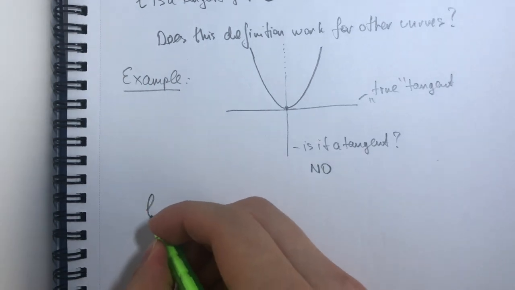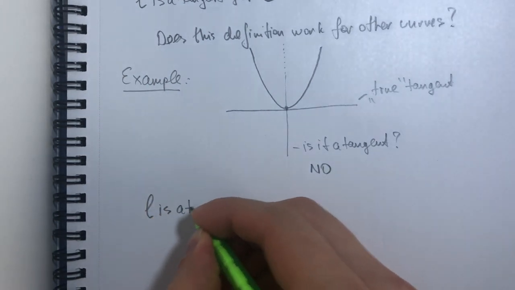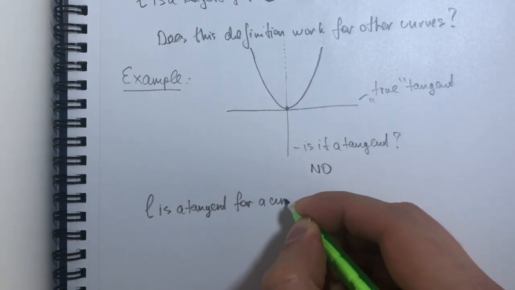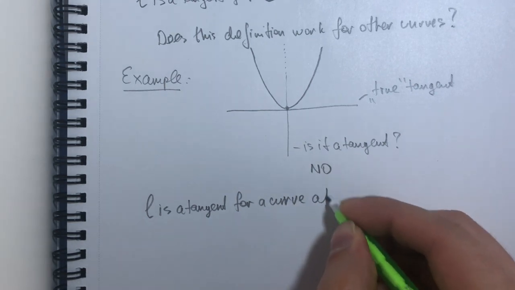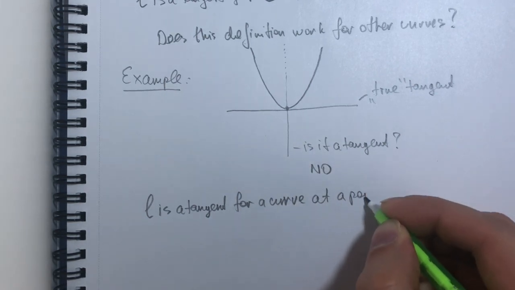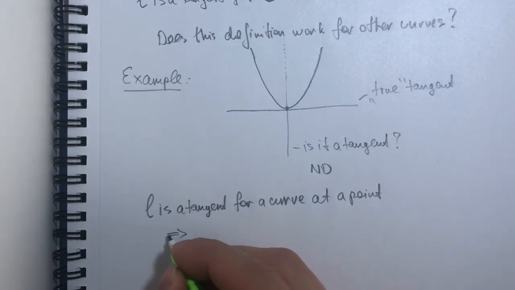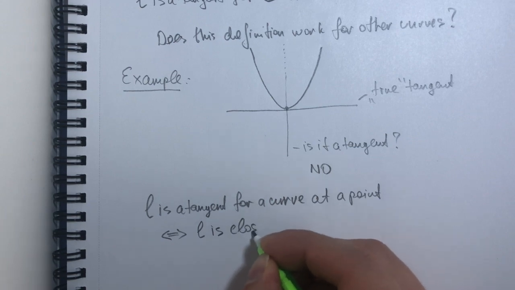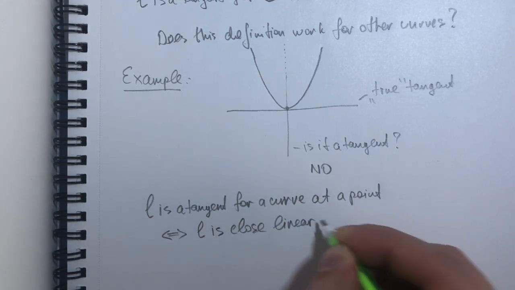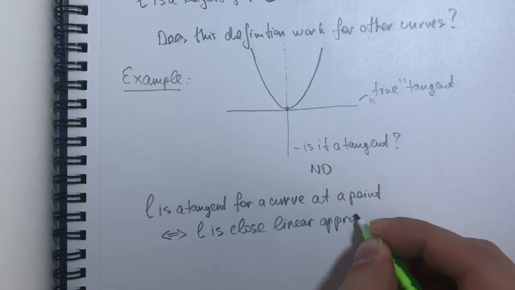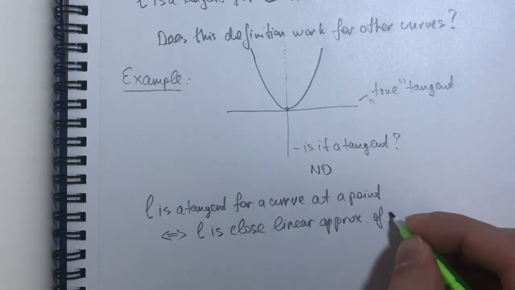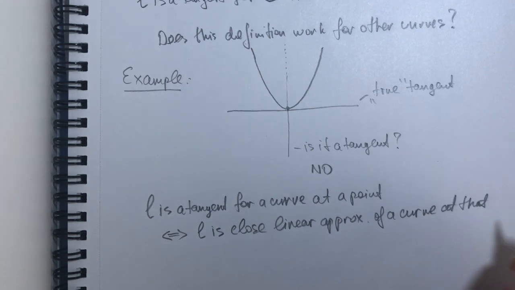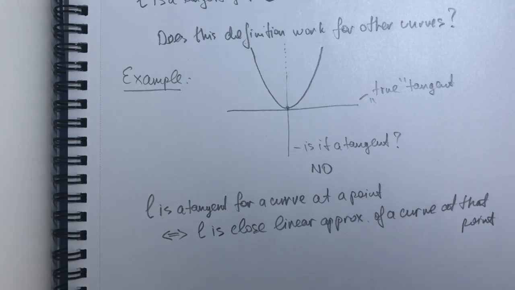And here it is. L is a tangent for a curve at a specific point if and only if L is a close linear approximation of the curve at that point.